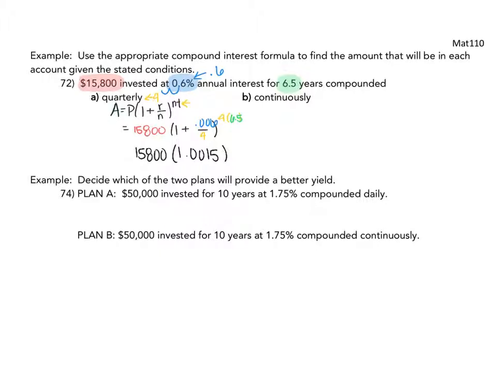Carry everything down. And then I also want to do the exponent. So 4 times 6.5 is going to give me 26 as an exponent. Now I can type that whole thing in and get out an answer. 1.015, and make sure when you do that to the power of 26, you use that caret button.